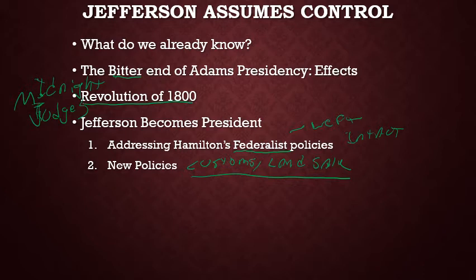Jefferson also cuts government spending significantly. It was already small. He cuts it to a really, really tiny amount. And when you do that, you're also going to have to make sacrifices in other places, and that's where the military comes in. The size of our military when Jefferson became president was a whopping 4,000 men in the Army.